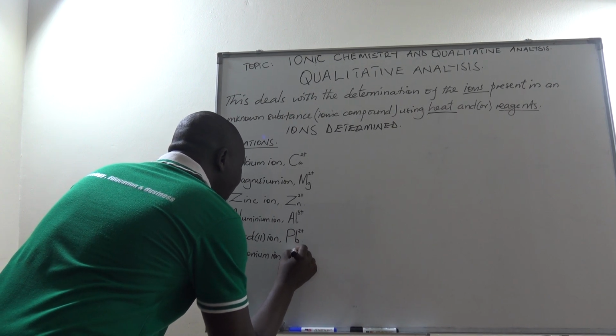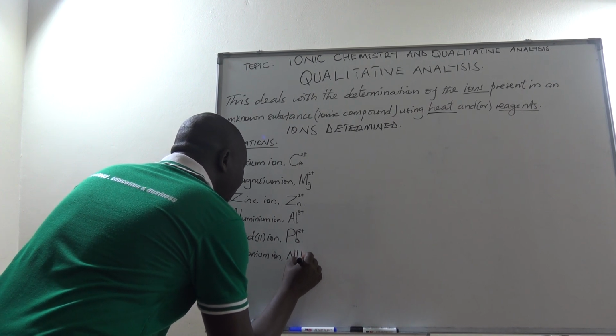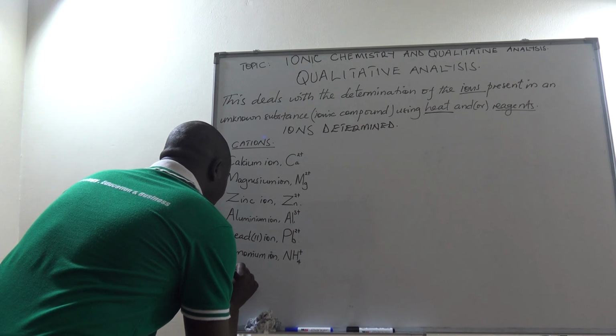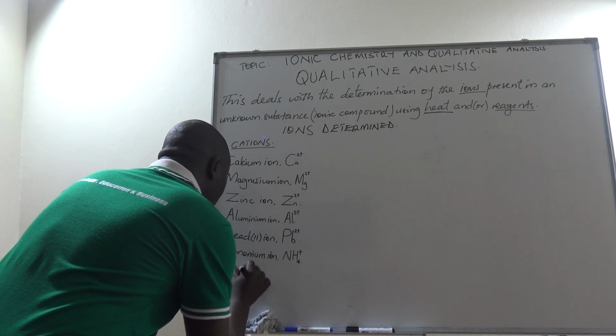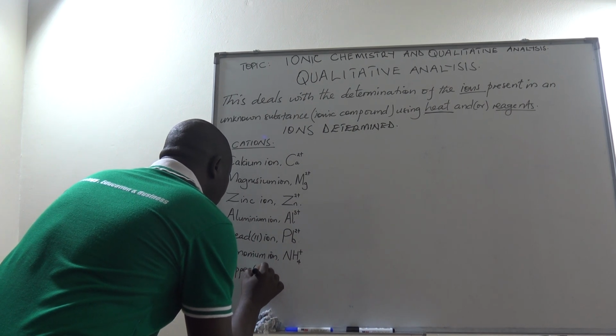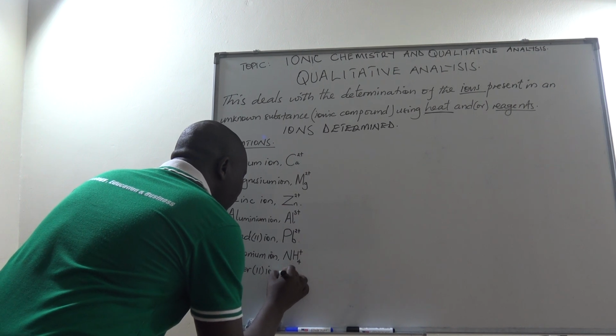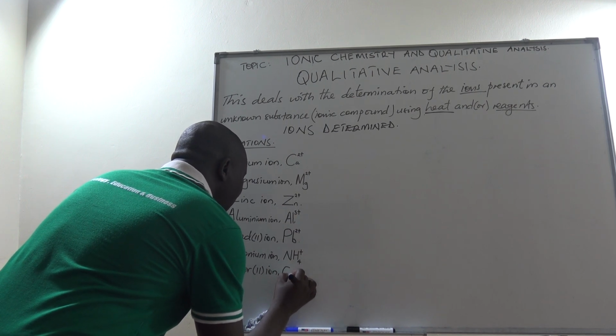That's capital N, capital H, 4 plus. Then we have copper 2 ion. That is capital C, small u, 2 plus.